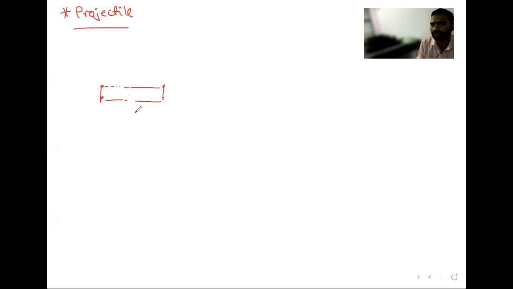Next, we will move on to the important term, that is projectile. Till now you have seen an object, a particle, moving. If the path is a straight line, then it is linear motion.